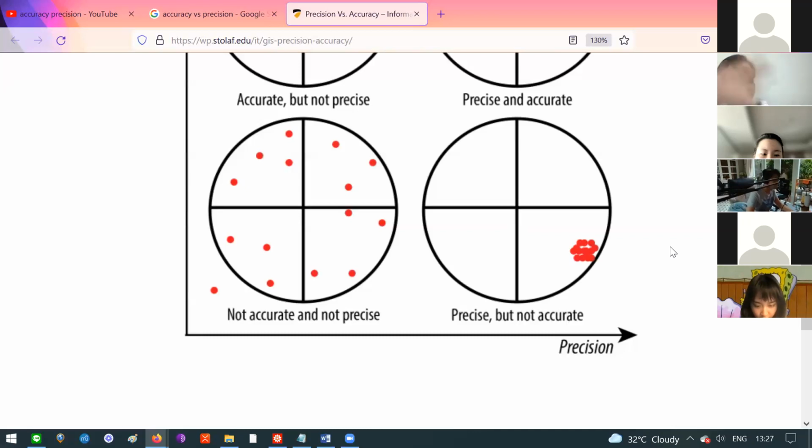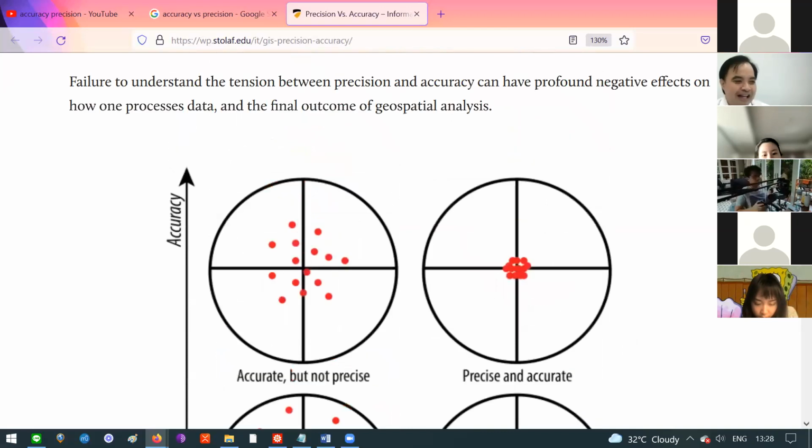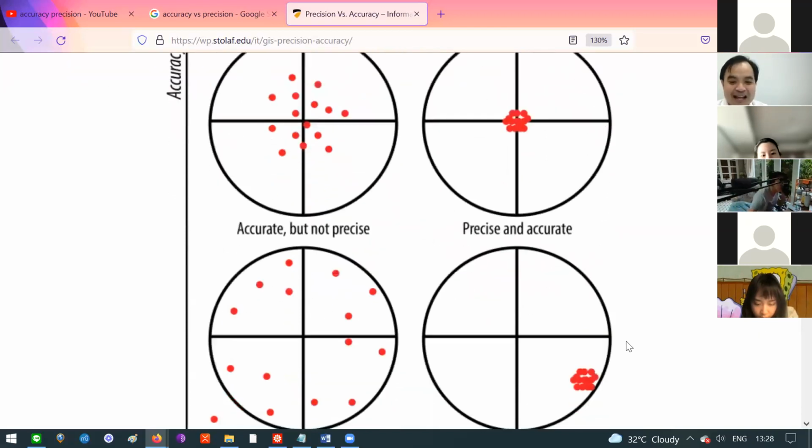Every time I shoot, it goes away. You can never tell that you're actually 3 inches below and 4 inches to the right. You cannot recalibrate. So all this depends on how much you know about the real situation, whether or not you can calibrate, okay?